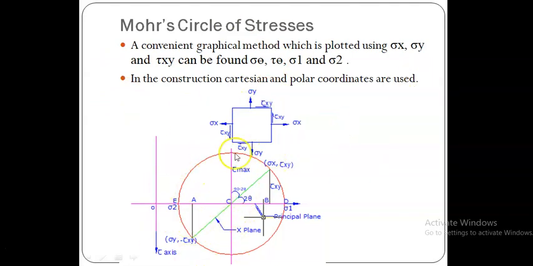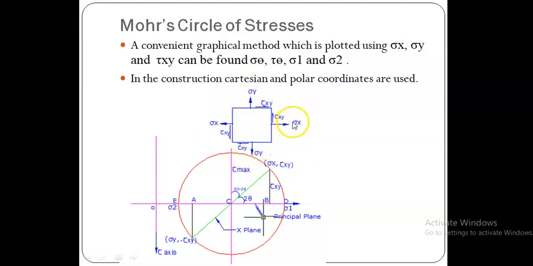So this will be the Mohr circle. How can we plot it? First, this is the given plane, subjected to a normal stress sigma x along the x plane, sigma y along the y plane, and tau xy acting.